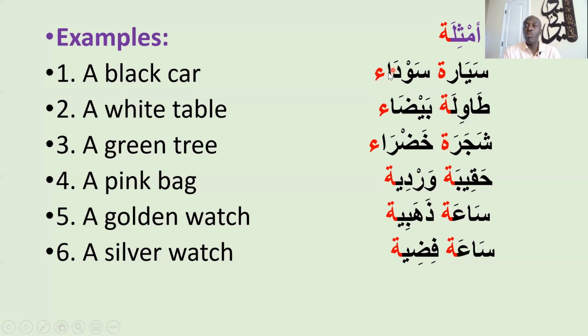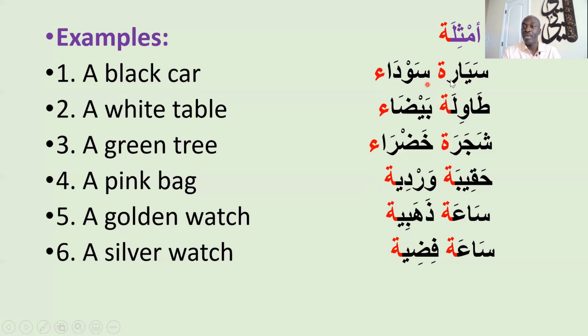So the Hamza, most of the time, when attached to an adjective, indicates that the adjective is feminine. Also, to indicate the femininity, we will see the ta marbuta most of the time attached at the end of the adjective. And that's true also for nouns.